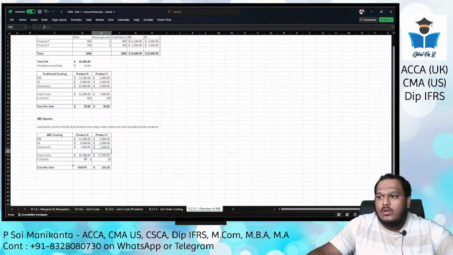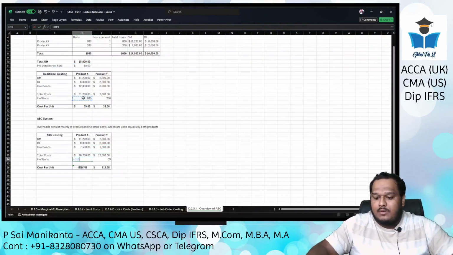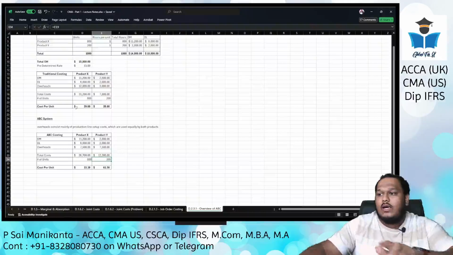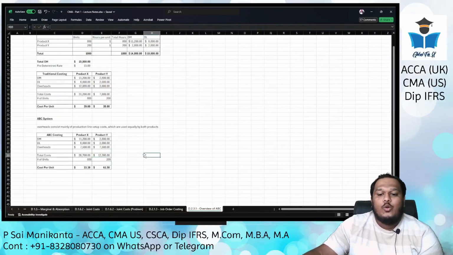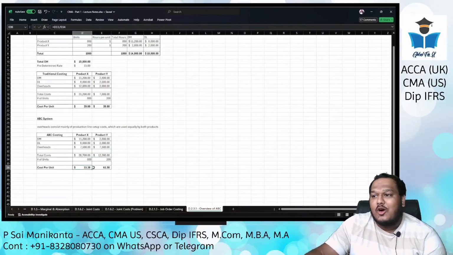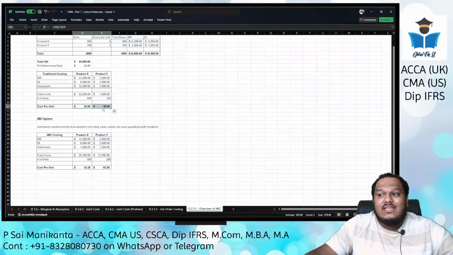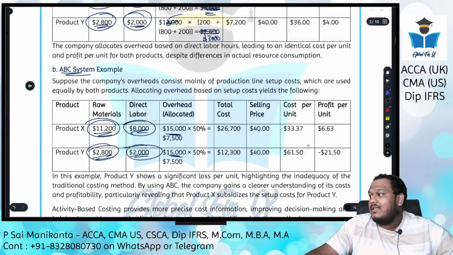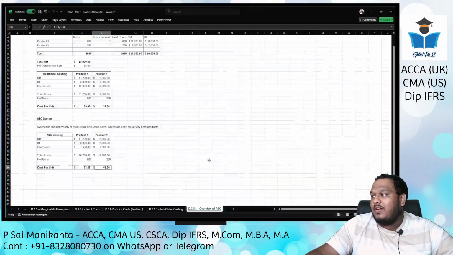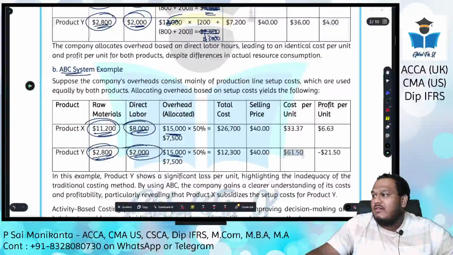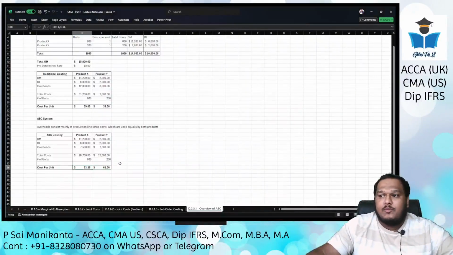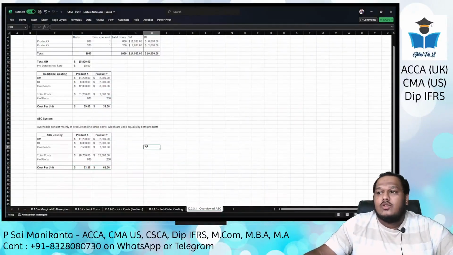So now number of units are same, 800 and 200. So now you can see when we do that, the cost per unit has changed very badly. So earlier it was 39 and 39, now it is 33 and 62. See, 61.5, 61.5, 33.37, 33.38. All right, rounding off.